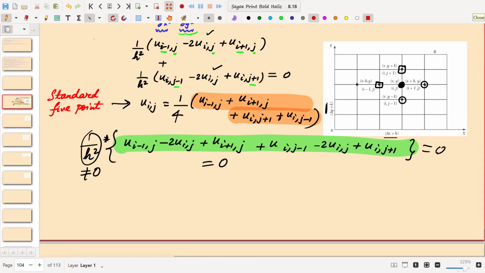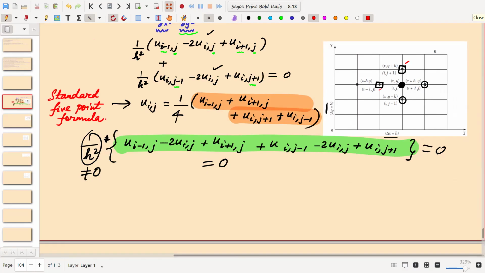Now some of you may come back and say, is this the only way? And the answer is no. There is another way. What is that other way? Instead of taking these points, I can take these points also.